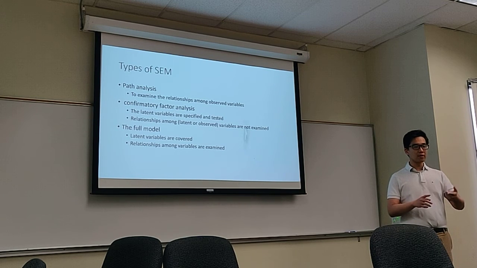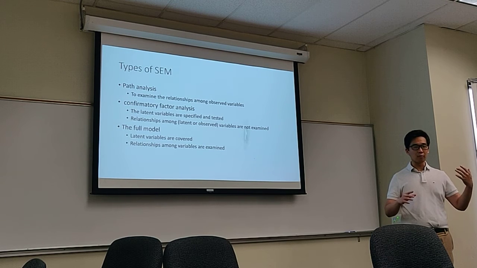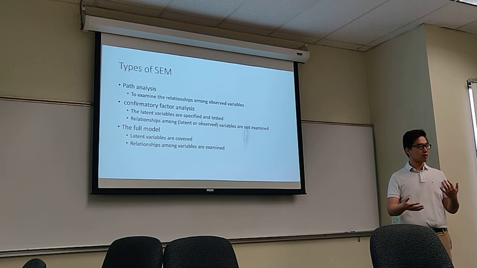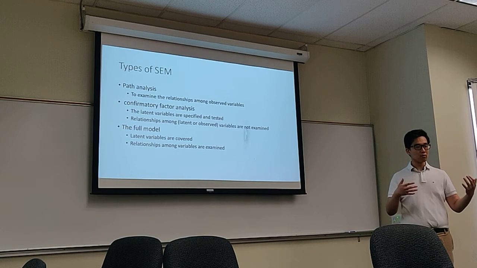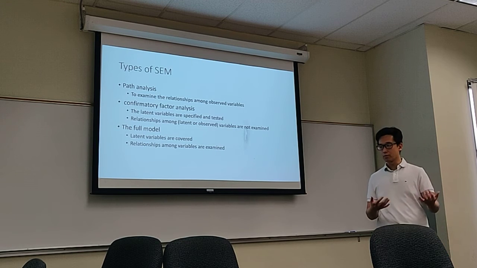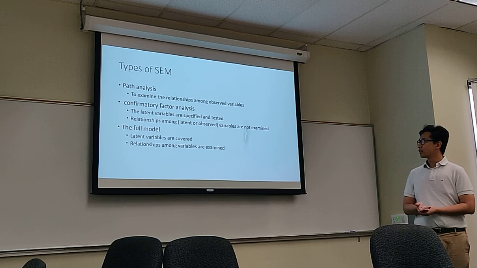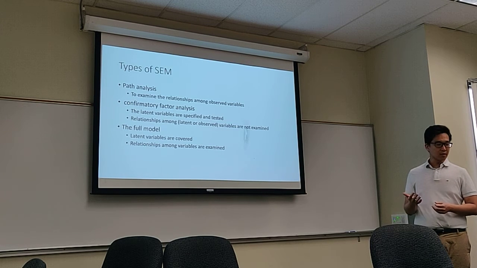So for example, this scale has three dimensions, and each dimension is measured by three items. So the three dimensions are correlated with each other. There are no causal effects or causal relationships specified in the model. So that's confirmatory factor analysis. And the third one is the full model.